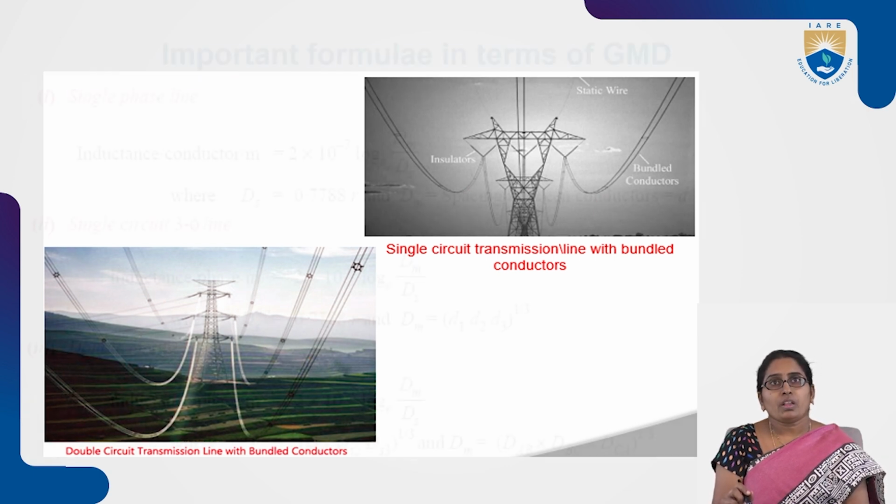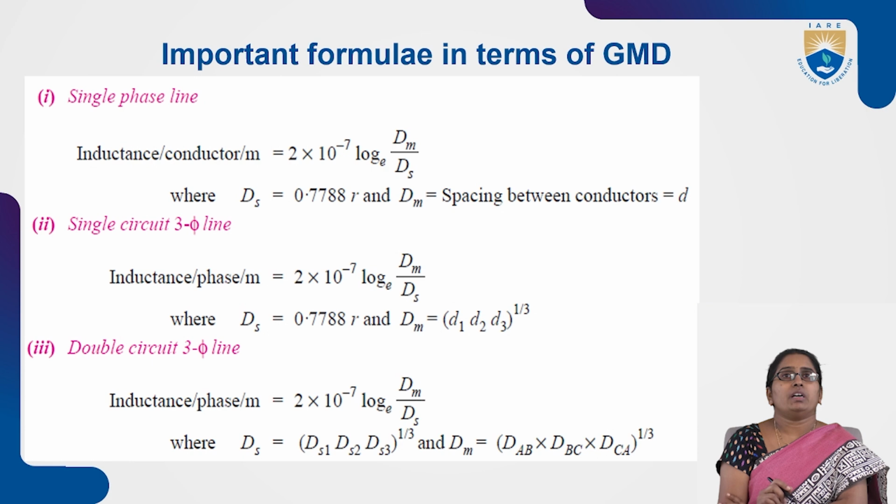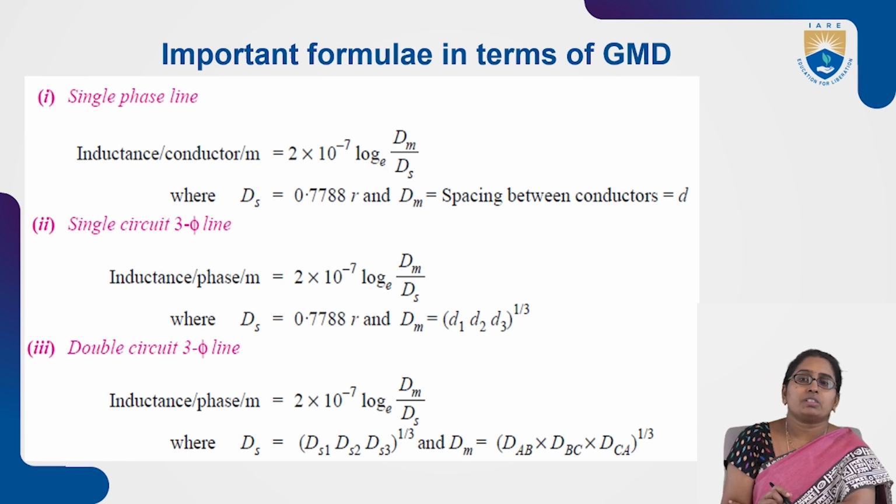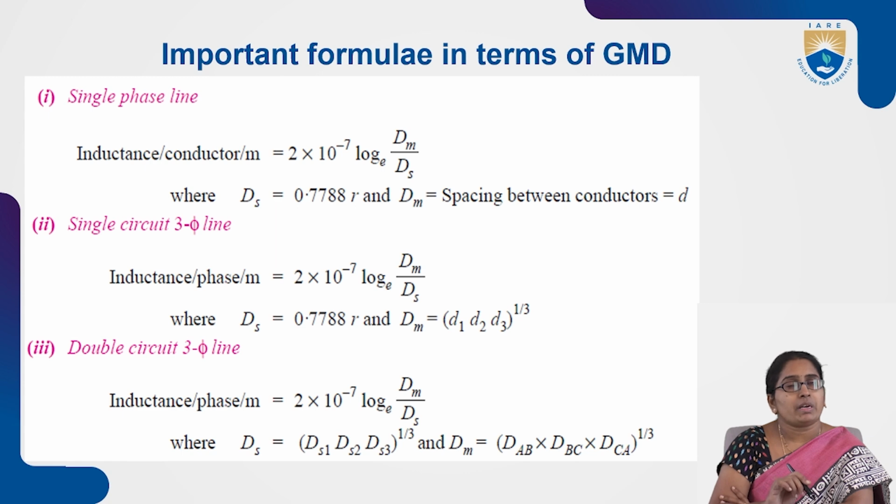Now once again recall the expressions derived in the previous lectures, before going into the problems. For a single phase line, the inductance per conductor per meter is 2 into 10 power minus 7 log base e Dm by Ds, where Dm is the mutual GMD and Ds is the self GMD.